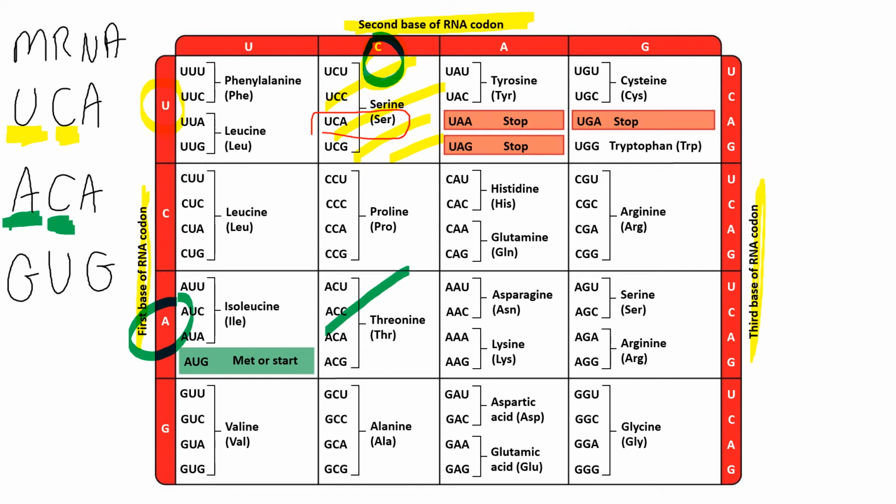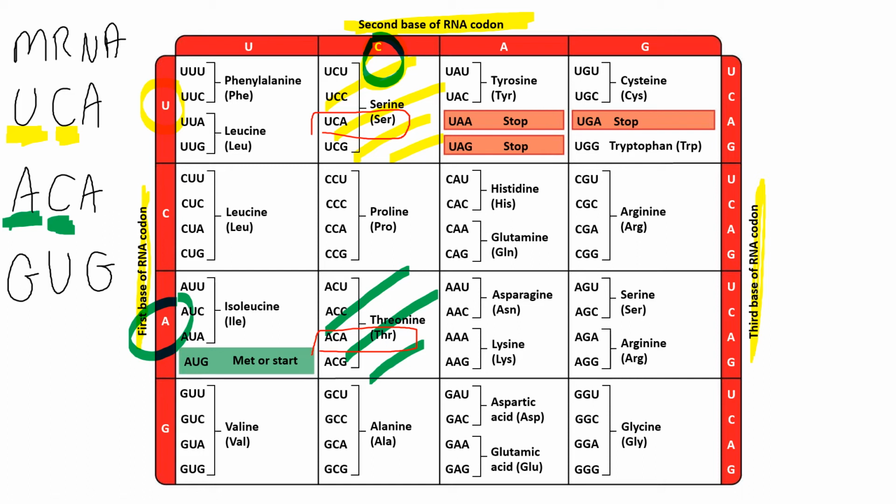That means that I am within this block right there. So ACA, you would go ahead and highlight ACA, which is right here. And it means that ACA codes for the amino acid known as THR, or threonine.